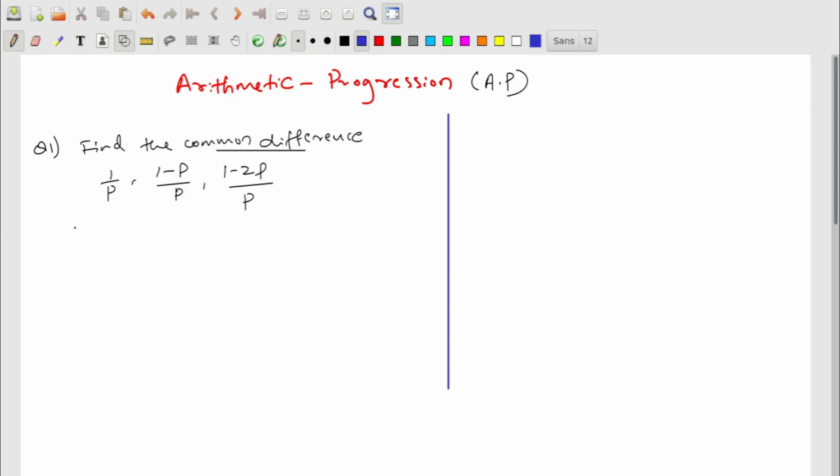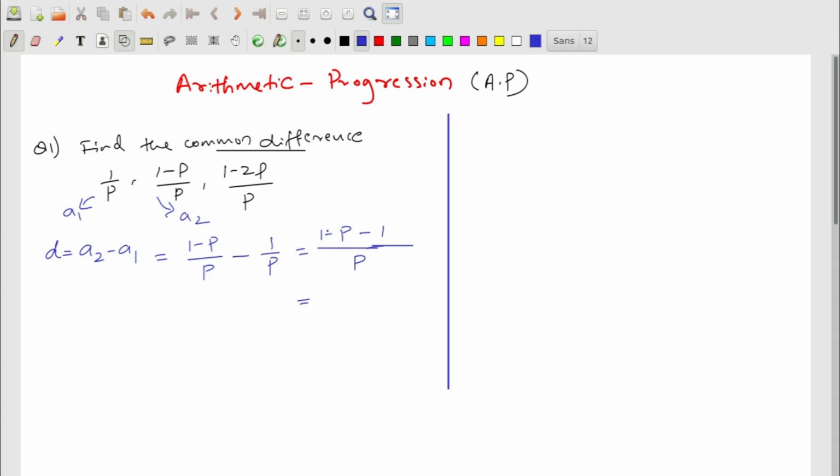Now we know that this common difference D can be found using A2 minus A1. Here this will be your A1, the first term, and this one is A2. So A2 minus A1 will give (1 minus P) divided by P minus 1 by P. Now consider these two as fractions and simplify. Here the denominators are P and P, so the LCM is P. Now just subtract the numerators, 1 minus P from the first term minus 1 from the second term.